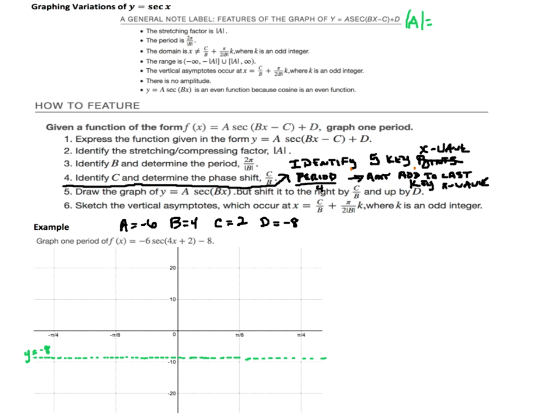So the absolute value of a in this case is the absolute value of -6, which is 6. Now, this is the amplitude of my cosine function that I'm going to use as the base for graphing my secant function. So I need to go 6 above and 6 below my midline to see where my cosine function is living.